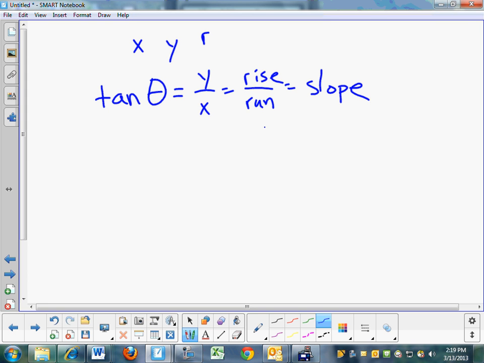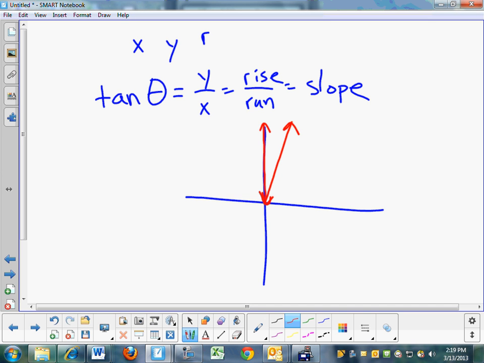Well, think about it. If you draw an angle that has a lot of slope, what's the slope of a vertical line? A vertical line is undefined. So you cannot take the tangent of 90 degrees because you would get a vertical line that's undefined.